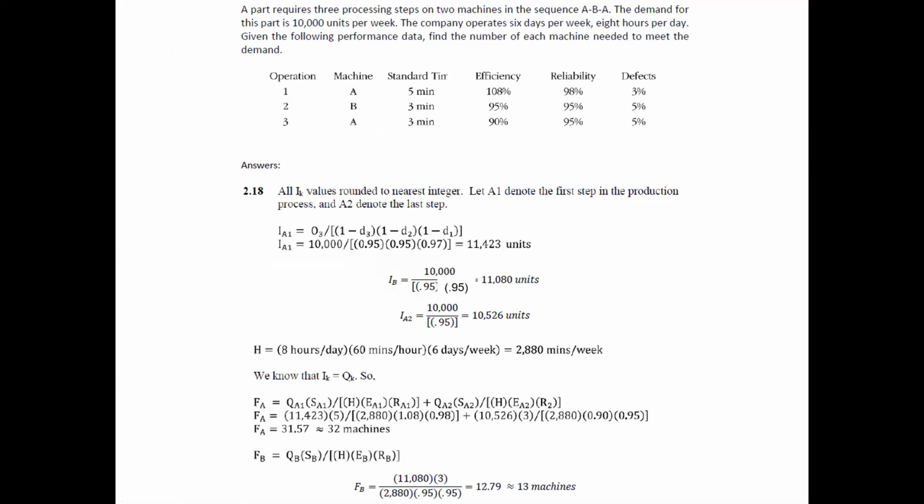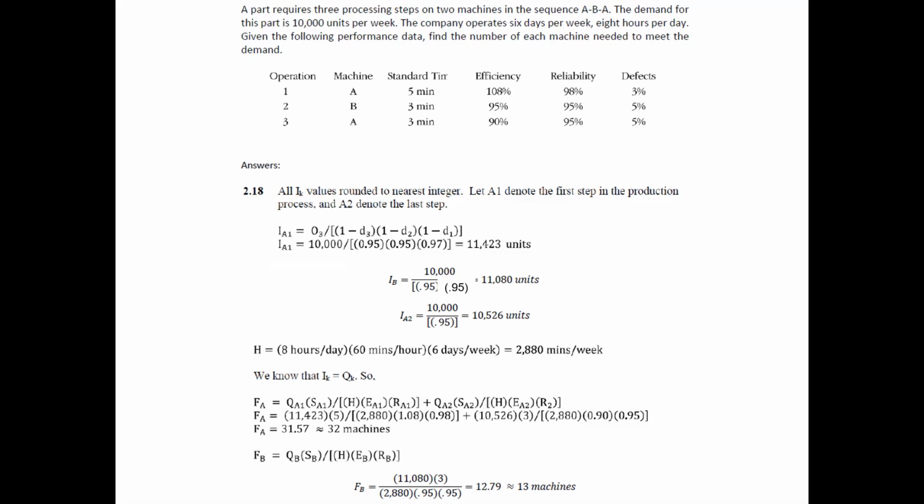So now that we have that, we can compute the number of machines needed for each one of the operations. But remember, in this case, operations 1 and 3 require the same type of machine, which is machine type A. Before we get into finding those numbers, remember that you have to use the same units.